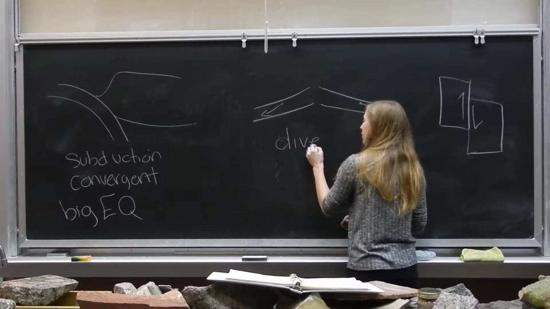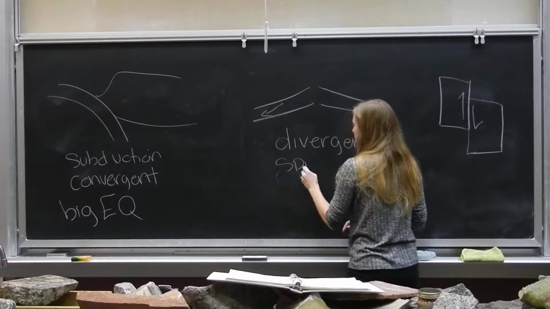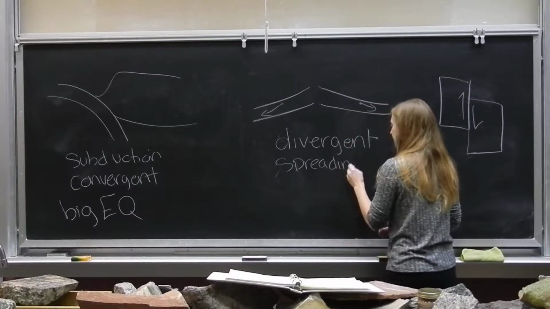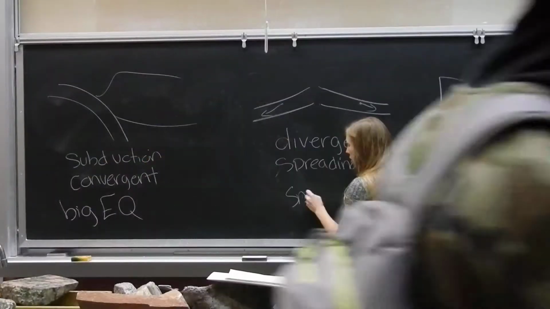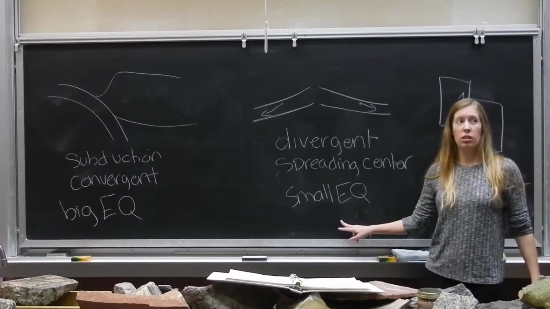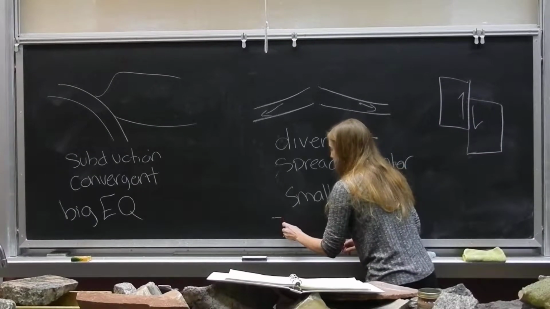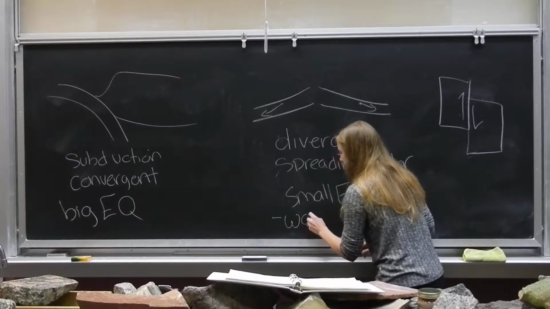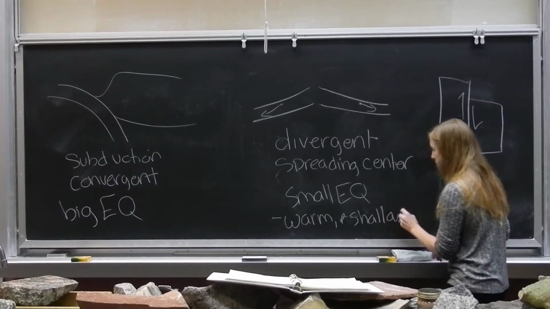Divergent, aka spreading center. Small earthquakes. Why are they small? Shallow area. Because they're shallow, it's warm and shallow. Right?